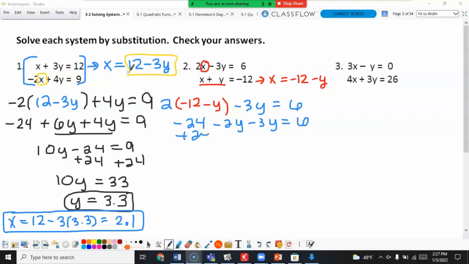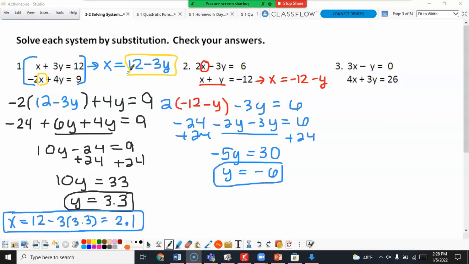Add 24 to both sides. Combine like terms. So negative 5y equals 30. Or y equals negative 6. Once again, you have to solve for x.